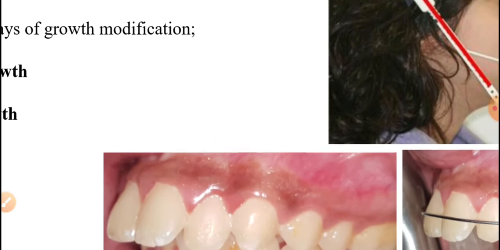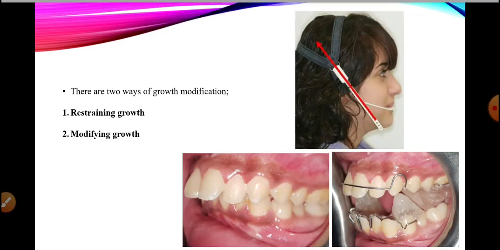It is not always that in class 2 we are going for functional appliances, growth modification and functional orthopedics, which means that we can go for either the restraining effect or the modifying effect. If it is because of the overgrowth of the maxilla, then we will be going for restraining growth through a headgear or any appliances that will restrain the growth of the maxilla.